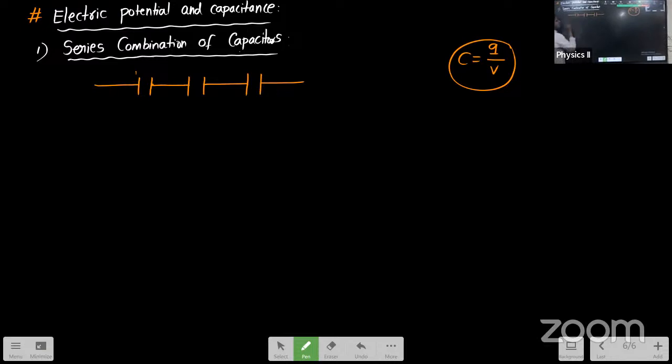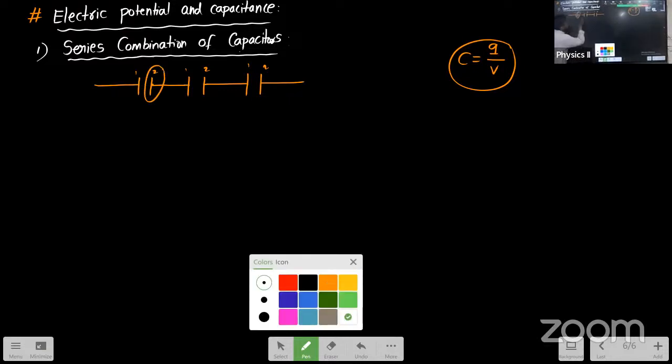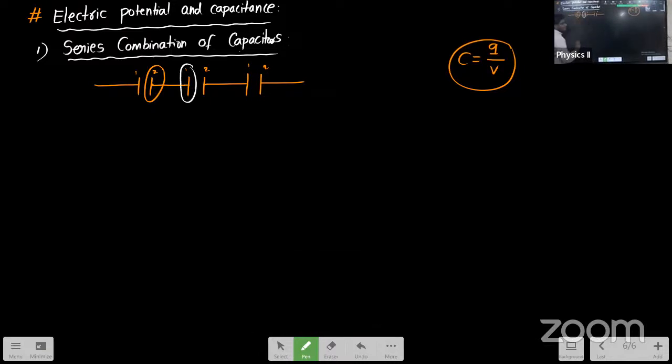See here, this is the first plate of the first capacitor, and this is the second plate. This is the first plate of the second capacitor, and this is the second plate of the second capacitor. This is the first plate of the third capacitor, and this is the second plate of the third capacitor. You are not supposed to write these numbers in the examination; I am telling this just for explaining. So how are you supposed to write the definition? Carefully see here. The second plate of the first capacitor is connected to the first plate of the second capacitor.